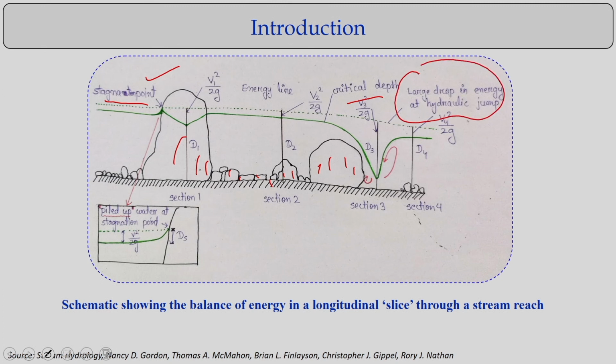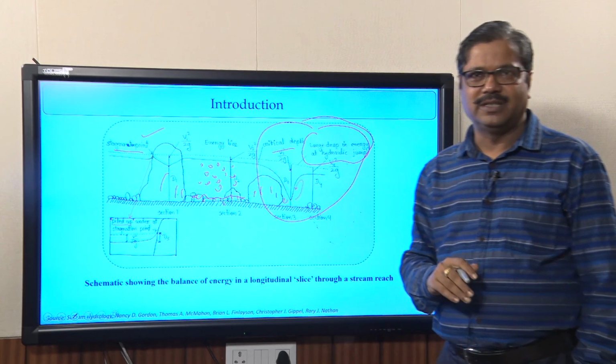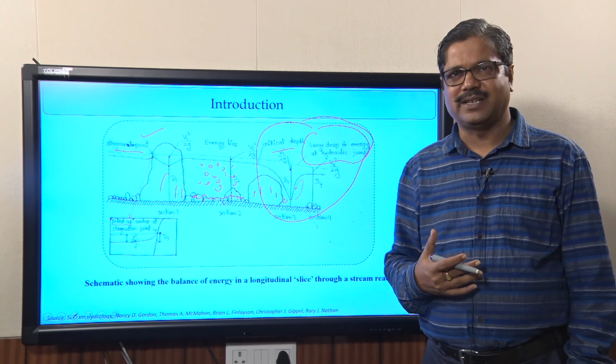Because of this resistance we can have turbulent structures and energy dissipation. We can consider how the bed roughness plays a role in creating turbulent structures as well as energy dissipation. But in more detail we can now look at the critical depth and the hydraulic jumps, which are quite related to each other.